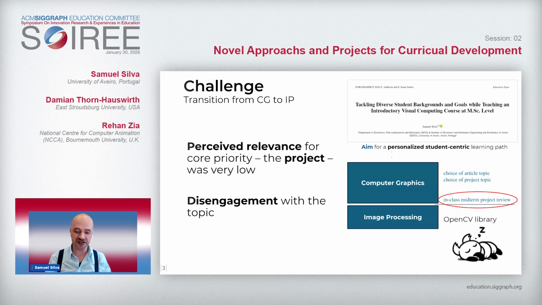One of the challenges I identified a couple of years ago when I reflected about this course was that some of the changes between these modules, for example, between computer graphics and image processing, were not being done properly by the faculty, that is me, I suppose. One of the issues was that when they transitioned between computer graphics and image processing, this also entailed a transition between working with OpenGL and Pygame and then moving into OpenCV, so a traditional approach to moving into image processing concepts.